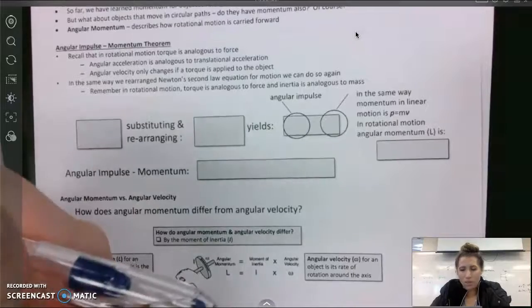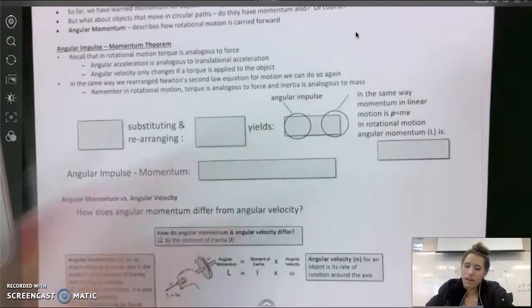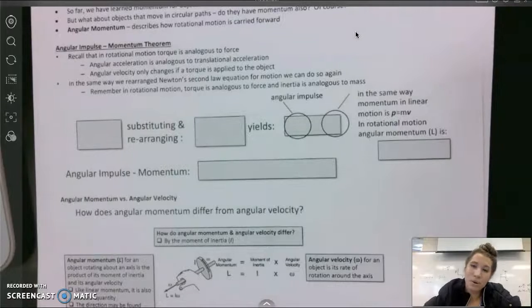Okay? So the first important thing to remember is that torque is kind of our equivalent to force as far as rotational motion goes. And we have inertia, which is going to be comparable to mass in this idea that we're working with today.